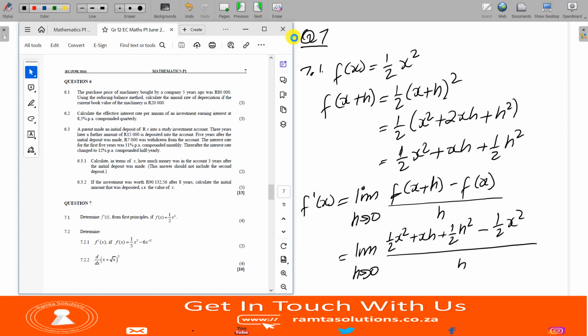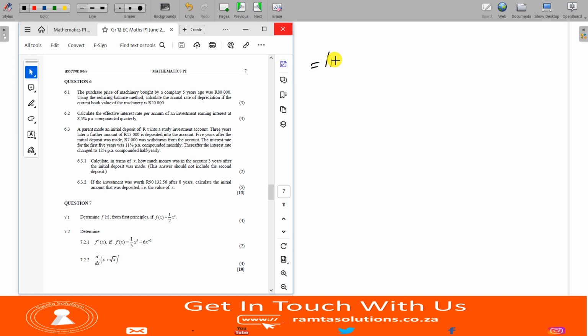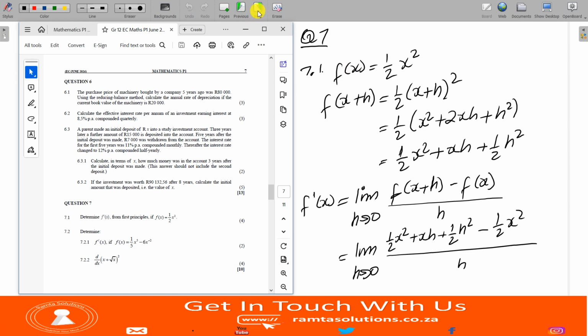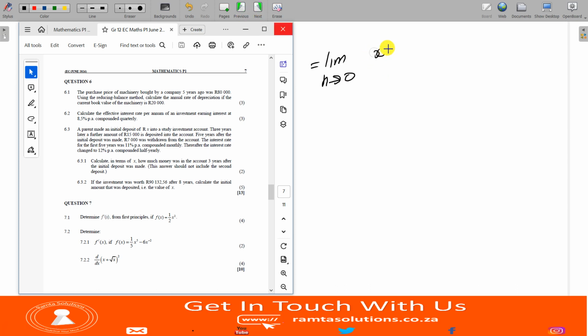We are left with the limit as h tends to 0 of xh plus half h squared, all over h. The highest common factor in the numerator is h, so I'm factorizing it. h is a common factor.